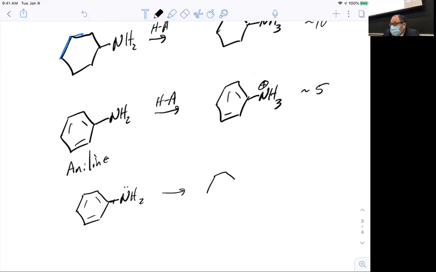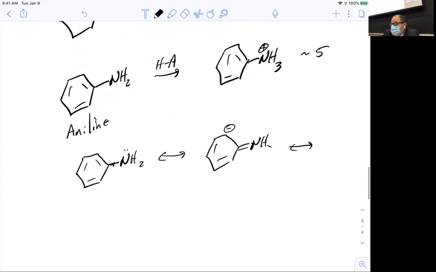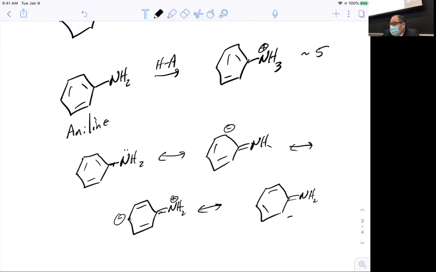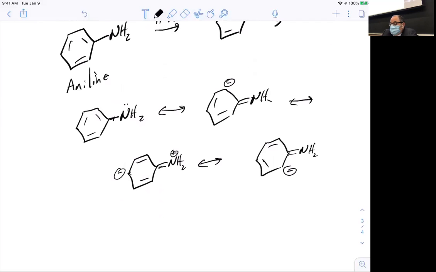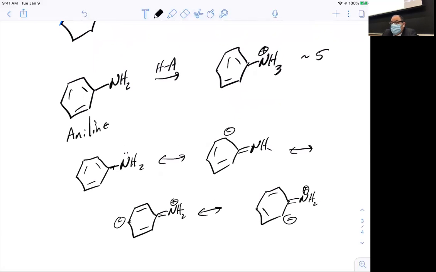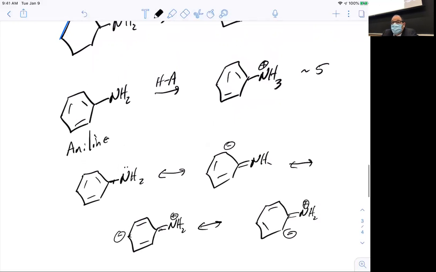If we look at the resonance here, what's happening is we can resonate, and because of this resonance, the base is less basic, and then the acid is more acidic, right?